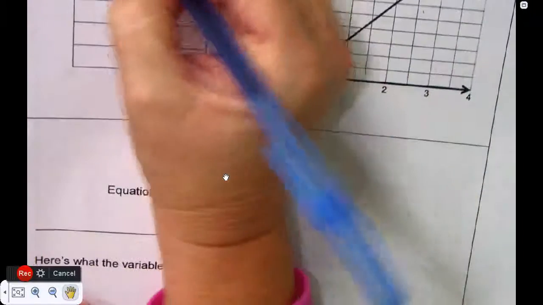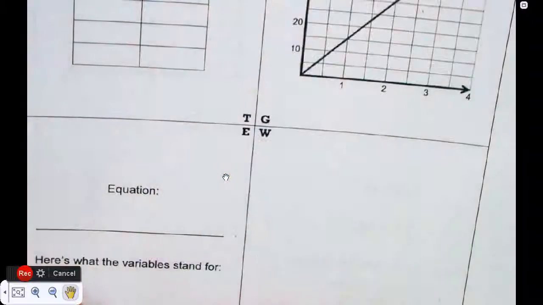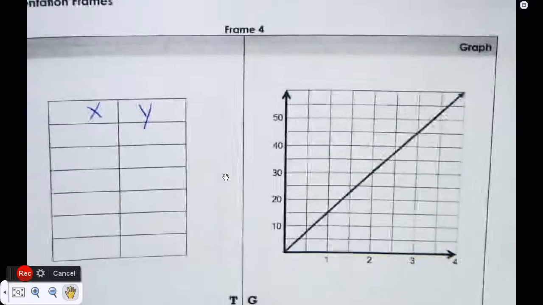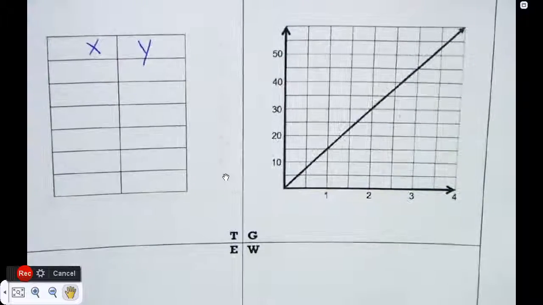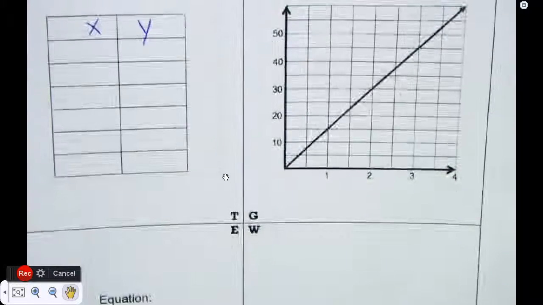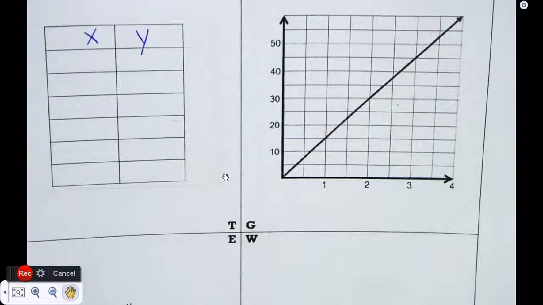So we're going to put X, Y on the table. You're going to use the graph to fill in the table. Go do that real quick. Go. Fill in the table.